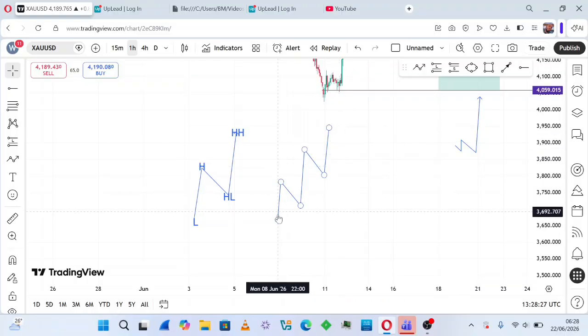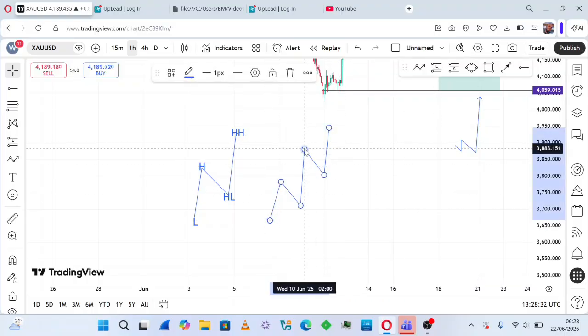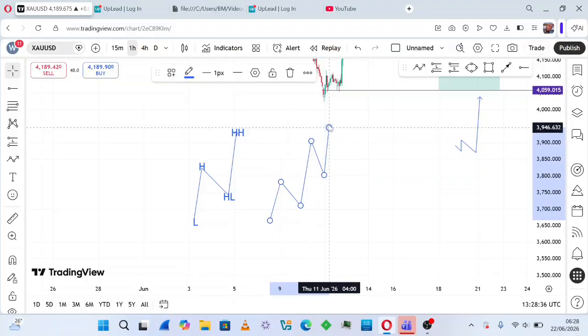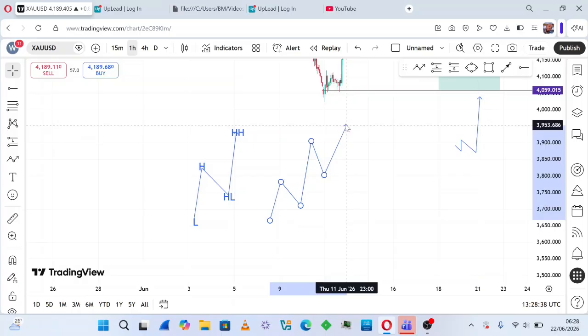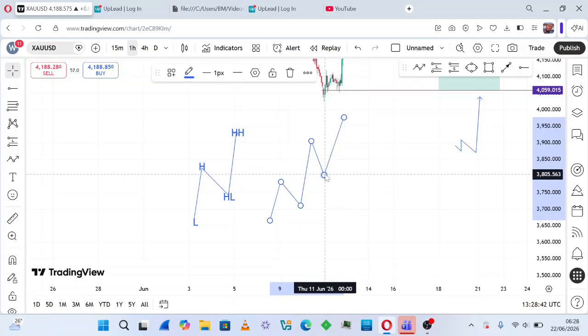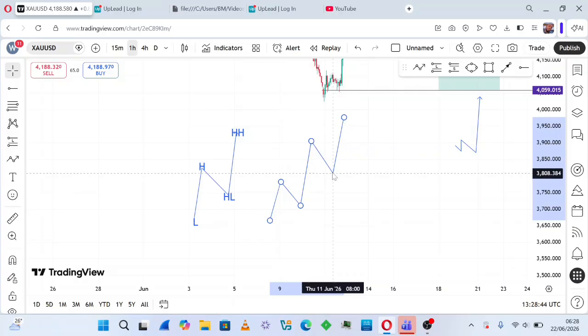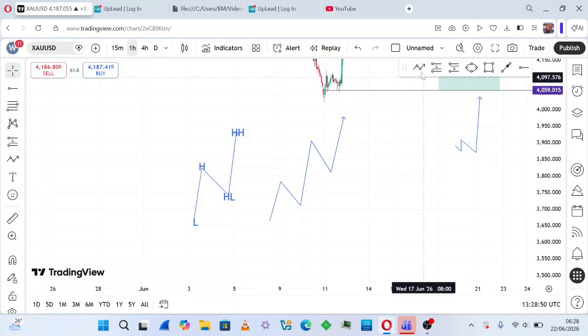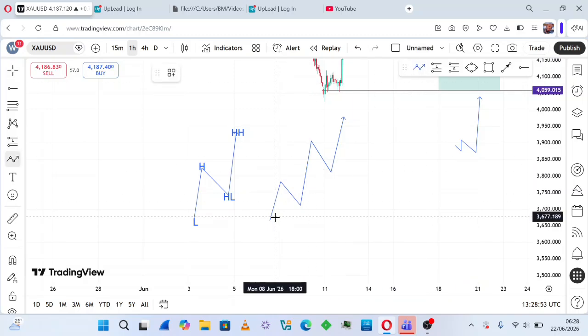And we already have something like this in 4 hours time frame. In 4 hours time frame, it might be one candle, but in 1 hour time frame, it might be something like this.